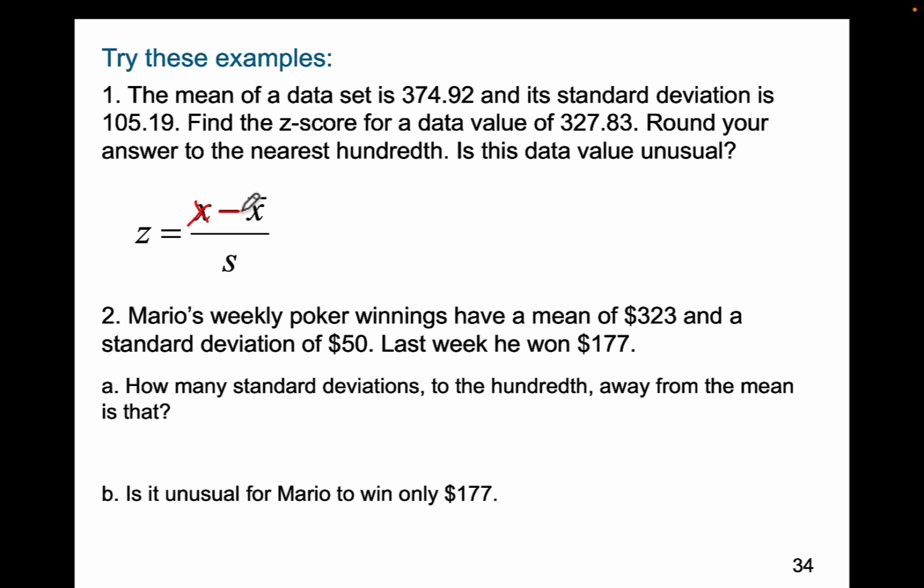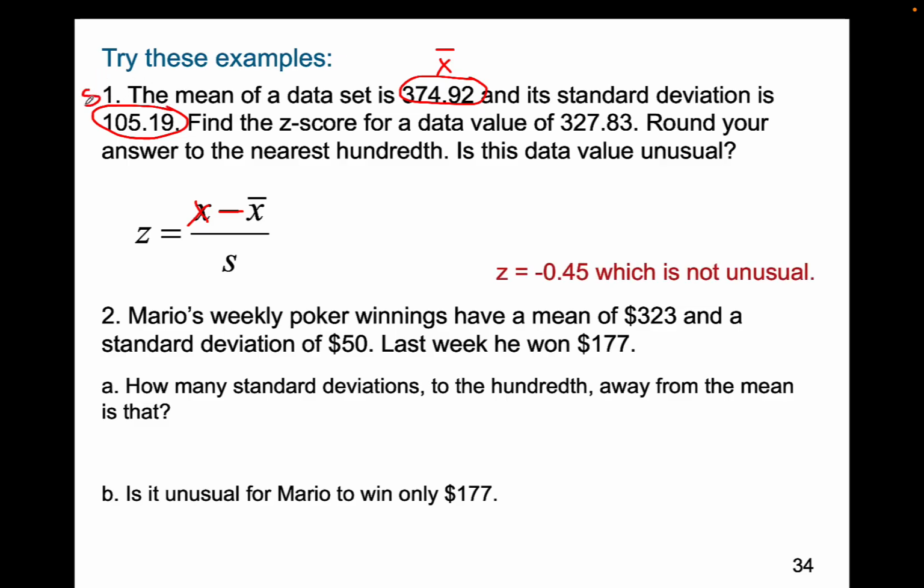We're going to subtract out X bar. X bar is the mean, that's right here. So we'll hit minus this. After we do that subtraction, then we'll hit the division sign, and we'll divide by the standard deviation, which is right here, 105.19.